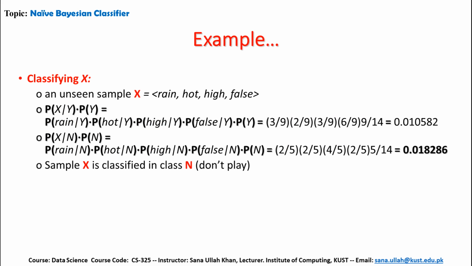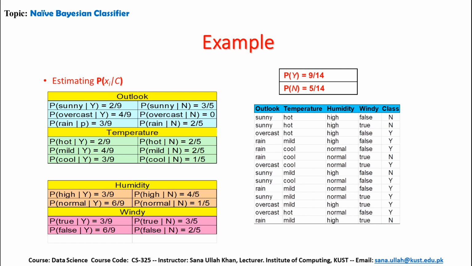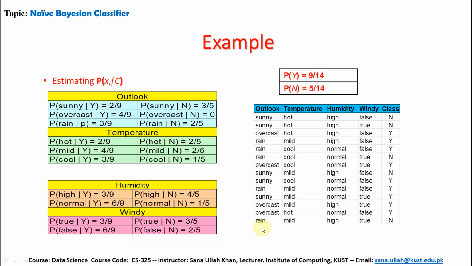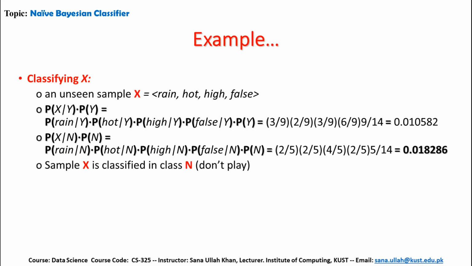Now if there is an unseen sample coming, its parameters are like this: outlook is rain, second, temperature is hot, third, humidity is high, and wind is false. Let's suppose this is the testing data, then what is the probability that it will be y or n?